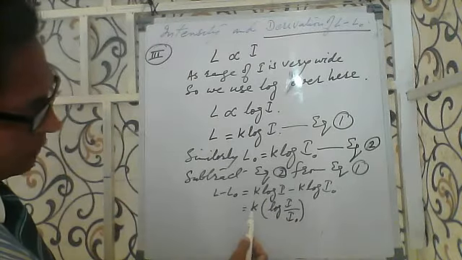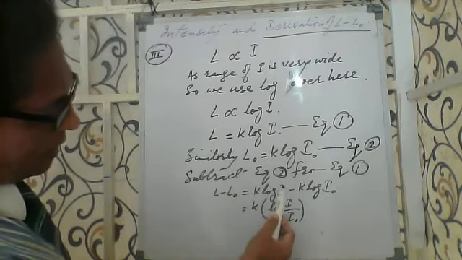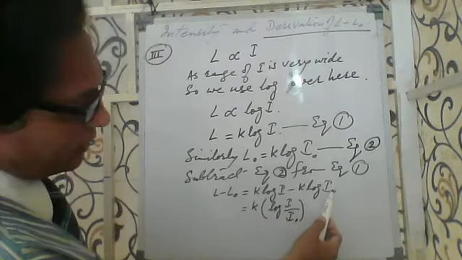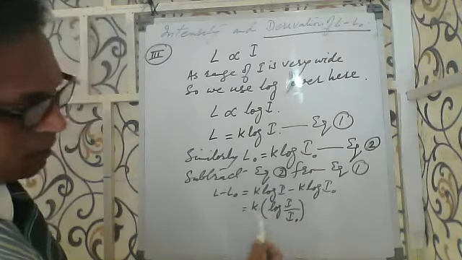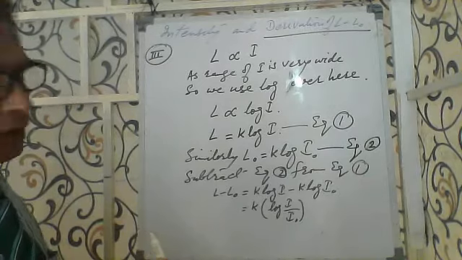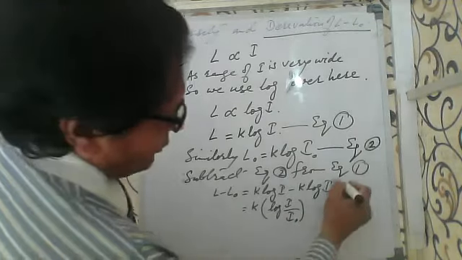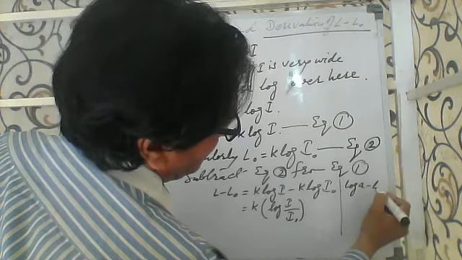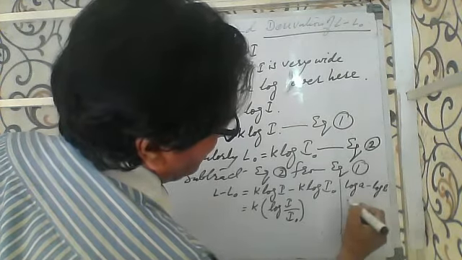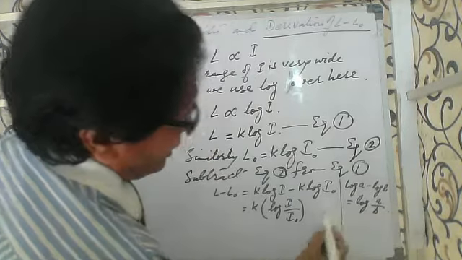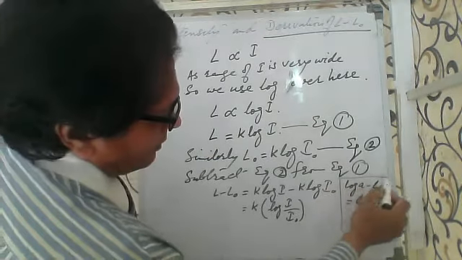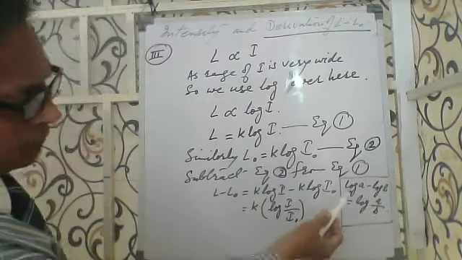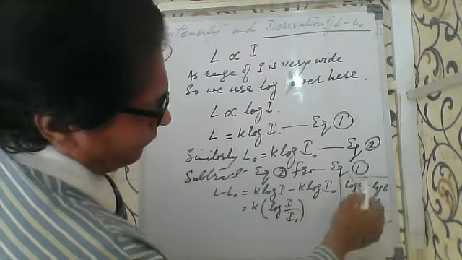This K is common, and log I minus log I naught is an application of the law of log. As we know, log of A minus log of B is equal to log of A divided by B. This law of log is applied over here.